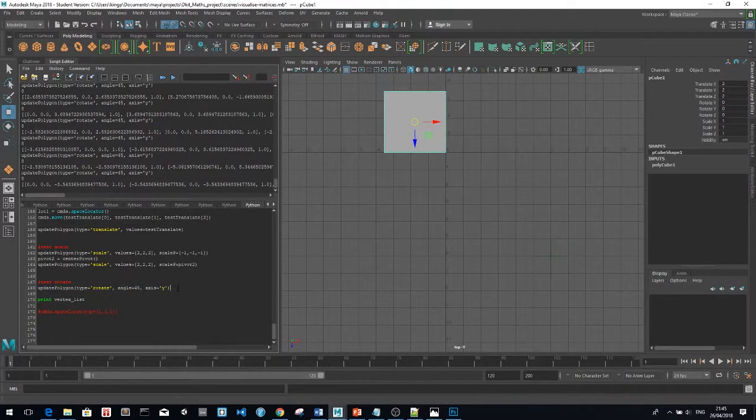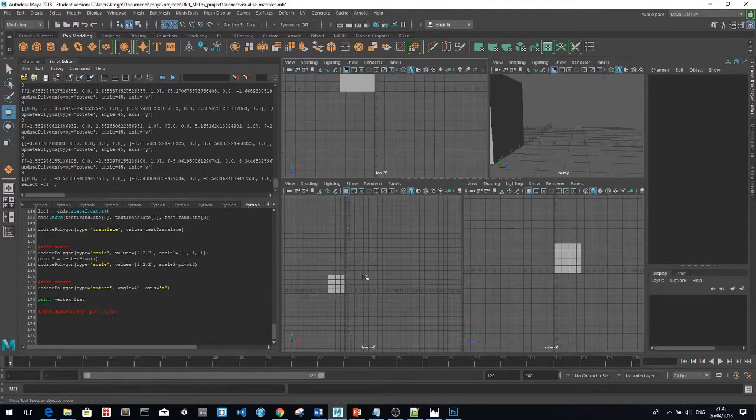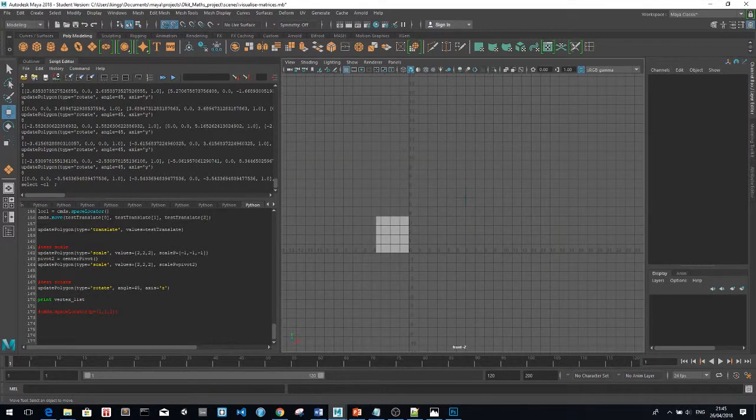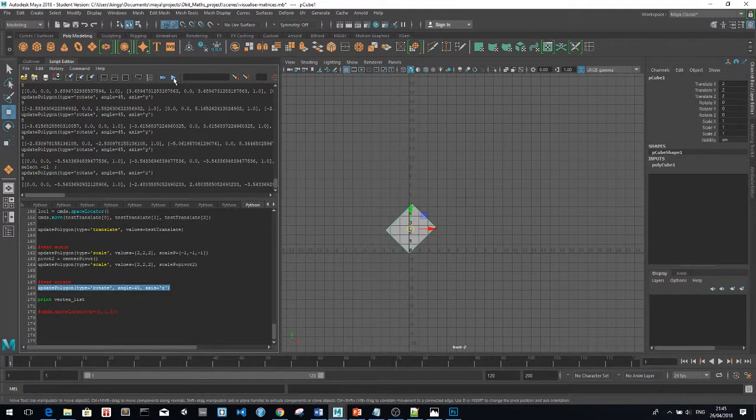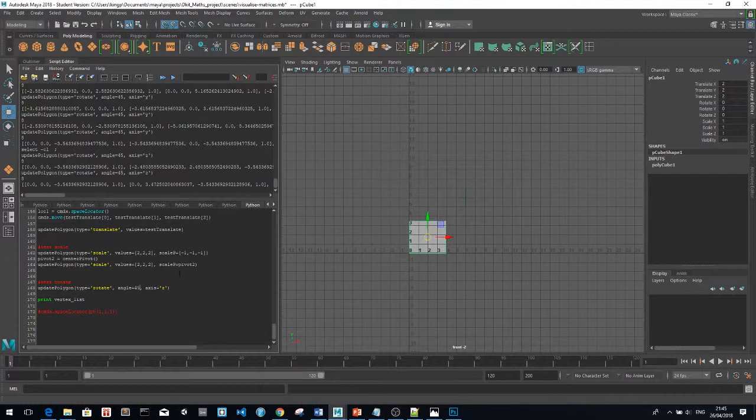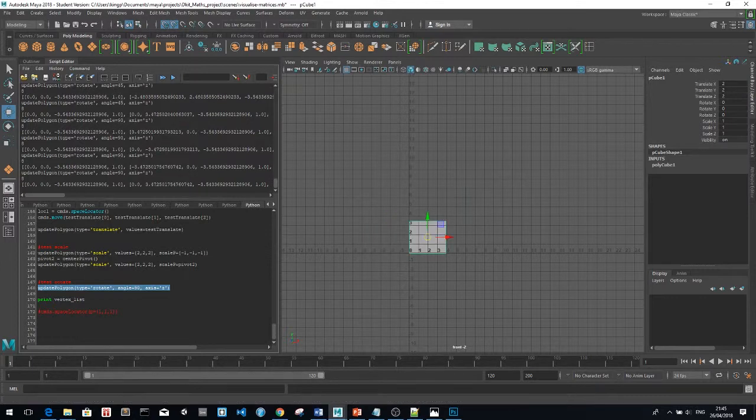We change it to the Z-axis, move into the front view. We should rotate around the Z-axis. Change the angle, and finally the X-axis.